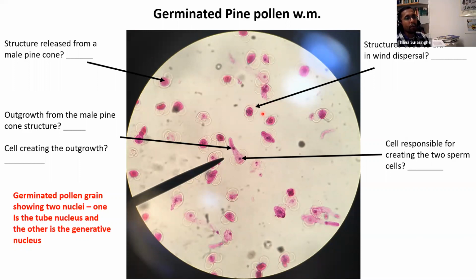Now, these structures on either side of the actual pollen grain are known as what? They are filled with air. They're called air bladders.